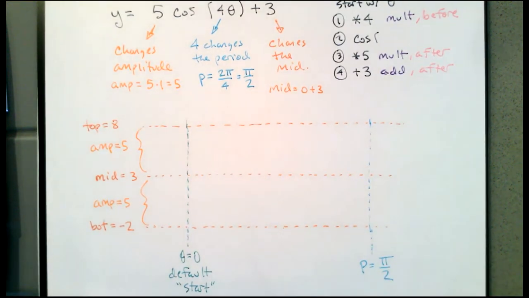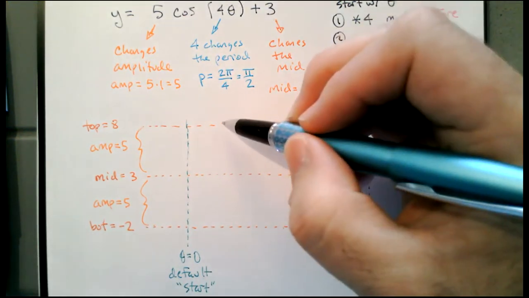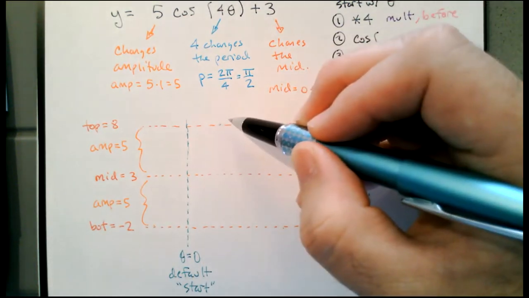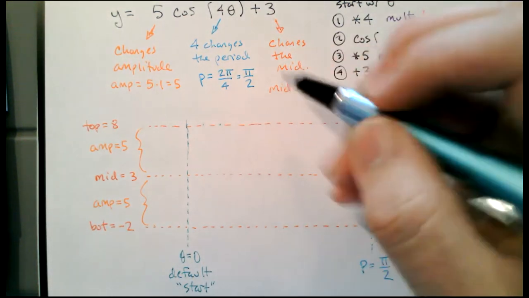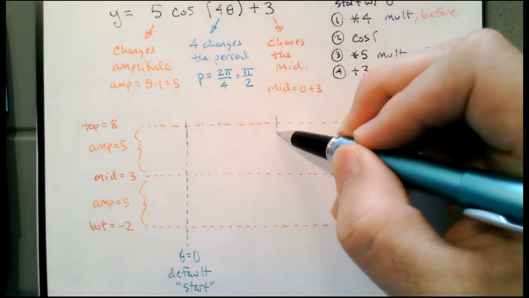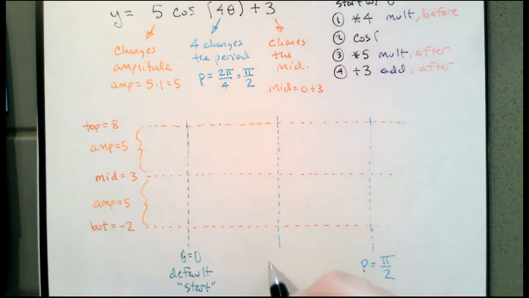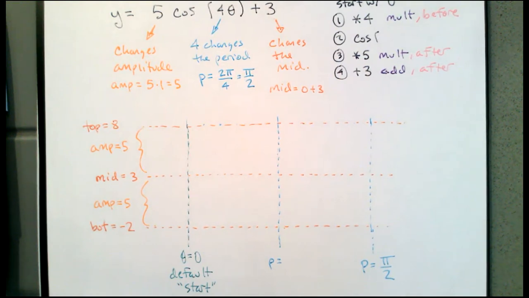I'm going to divide the period in quarters, because that's once around the circle. So I cut that in half. Approximate it, I lost track of my grid. So 1/2 of the period will happen at pi over 4.